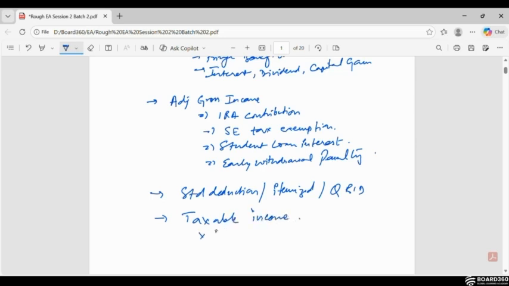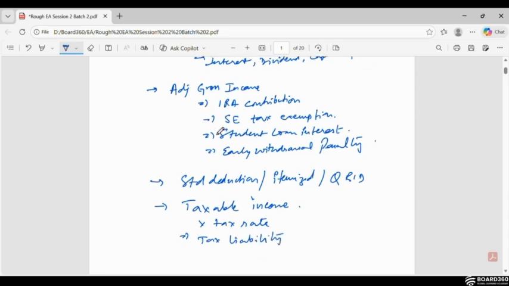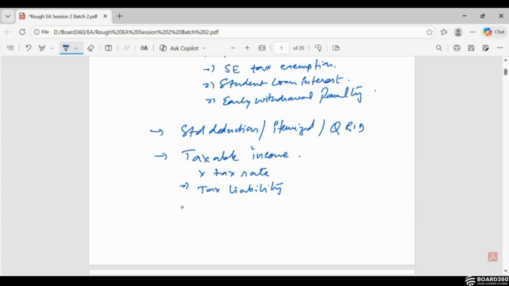on which you apply the tax rate using the slab rates, and you get the tax liability, from which you subtract the tax credits available and the tax payments made earlier, like the estimated tax payments, to get the actual tax due or refund.